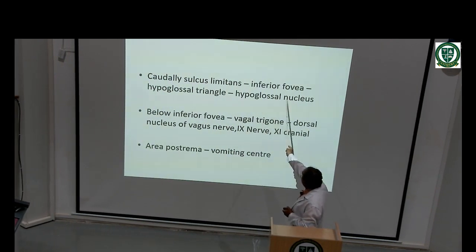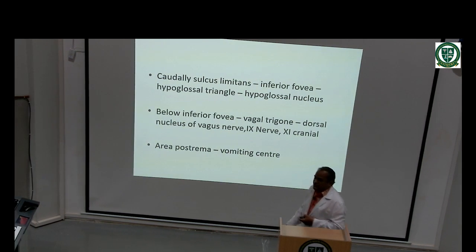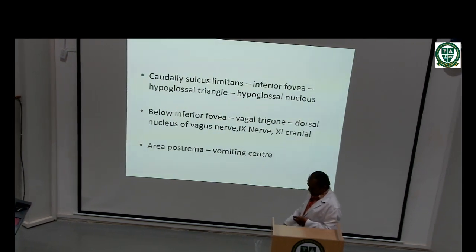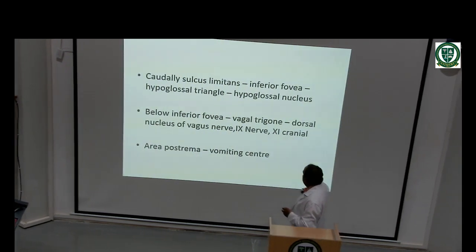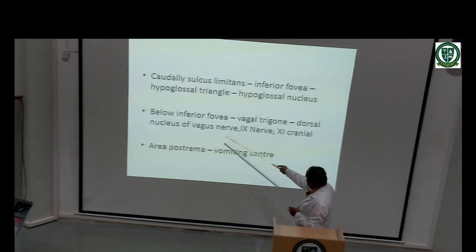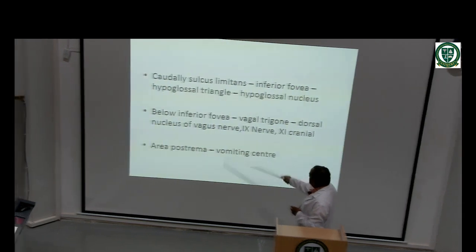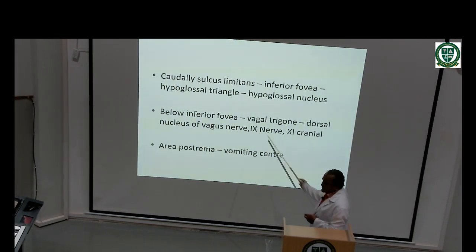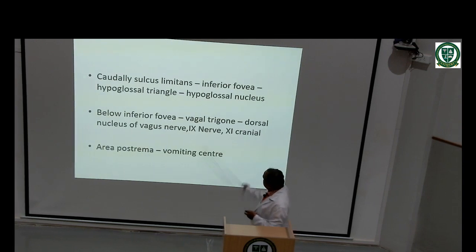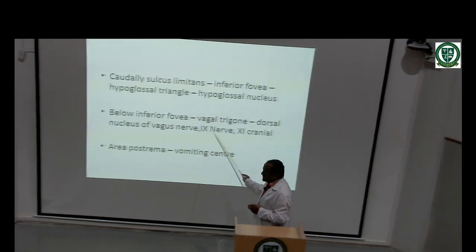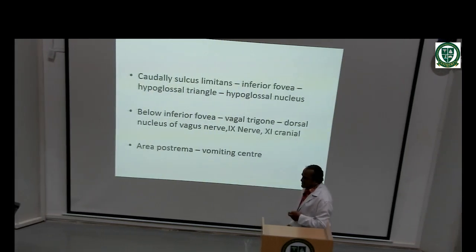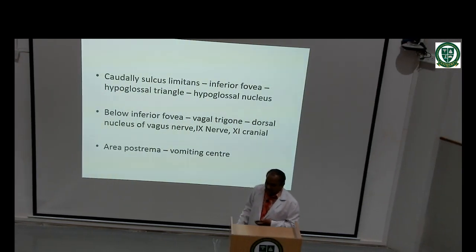In the hypoglossal triangle, you have the hypoglossal nucleus present. Below the inferior fovea, you have the vagal trigone or vagal triangle. Here you have the nucleus of the vagus nerve, the ninth nerve nucleus, and the 11th cranial nerve nucleus.